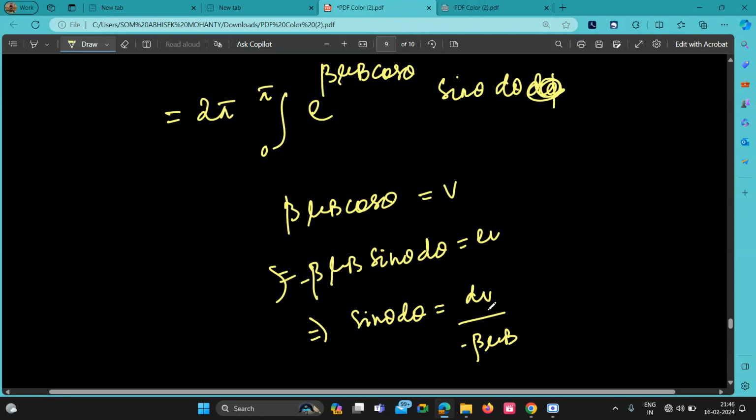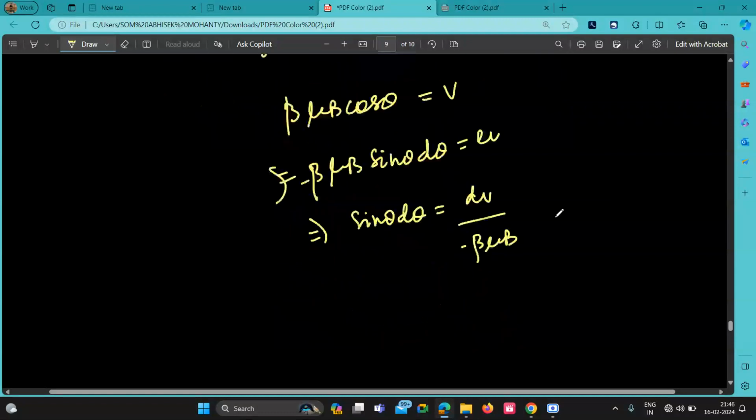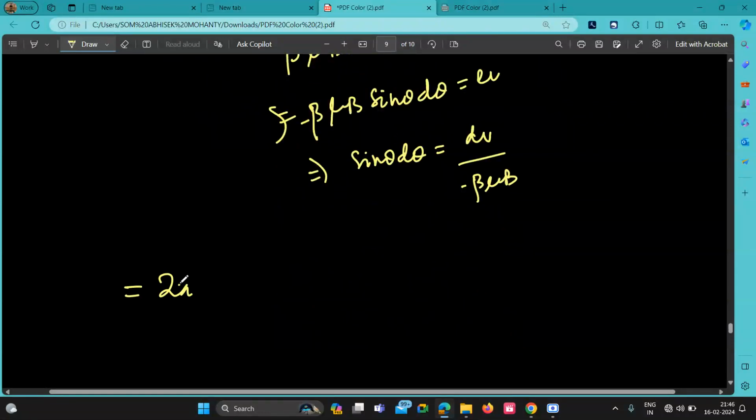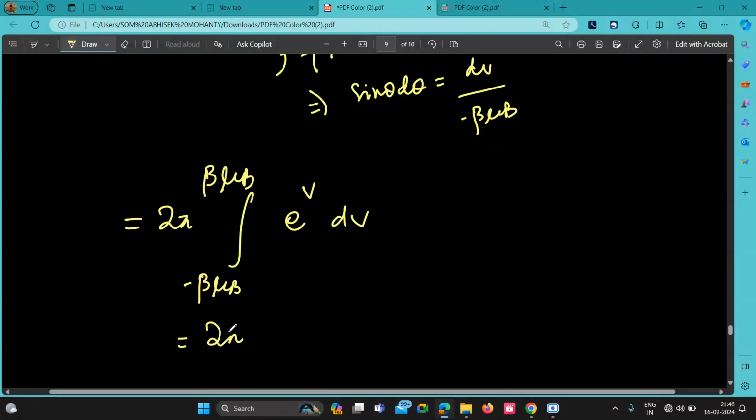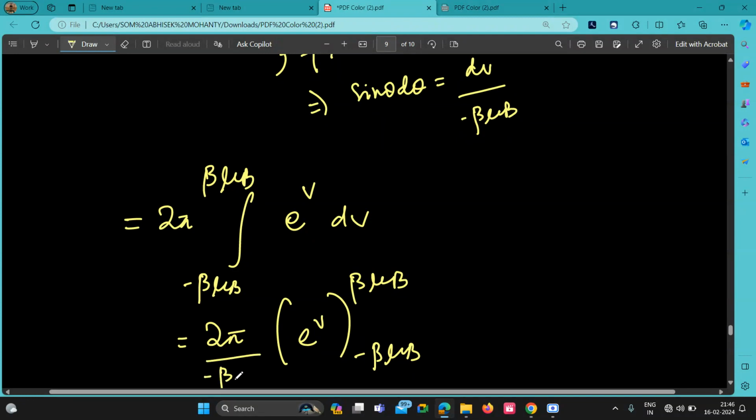Alright, the limits will be what? Here if you see the limits, I can write 2 pi, limits will be minus beta mu b to beta mu b. If you check it, it is what, e to the power v dv. So 2 pi, the integration of e to the power v, and I'm sorry, this minus beta mu b is also there.